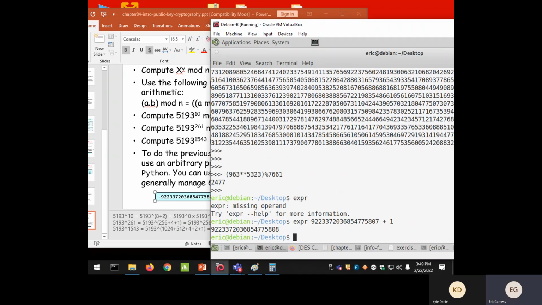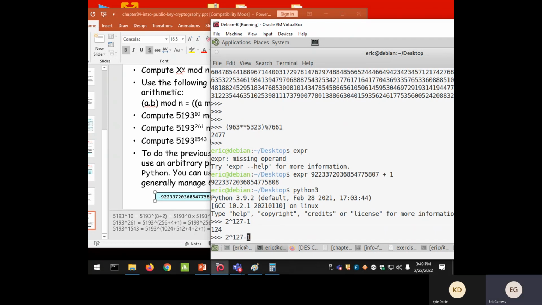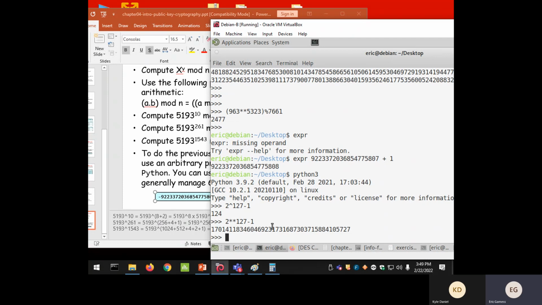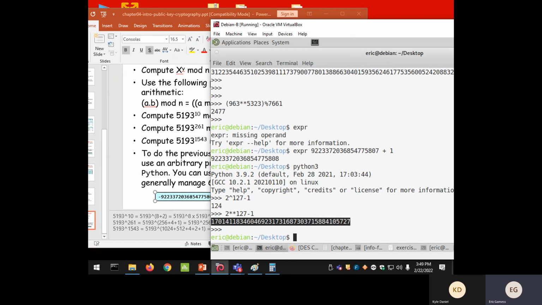Oh, this one manages bigger integers, so maybe 128. Mine is up to 64. So let's see that. Python 3, 2 to the power of 127 minus 1. So I think this EXPR manages integers of 128 bits.